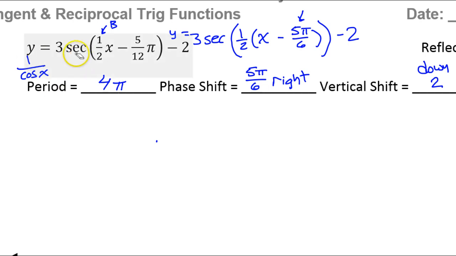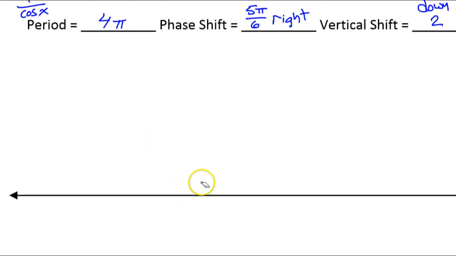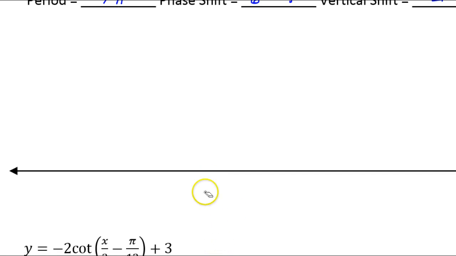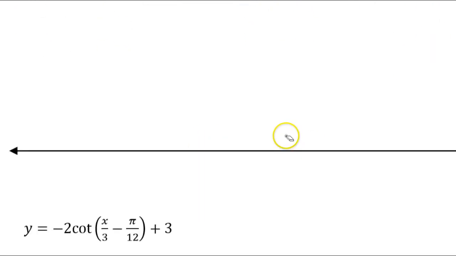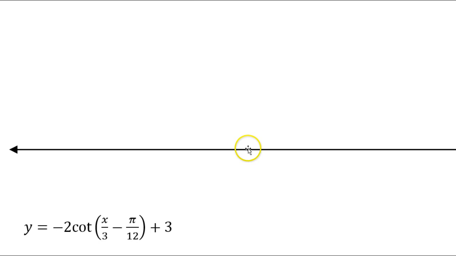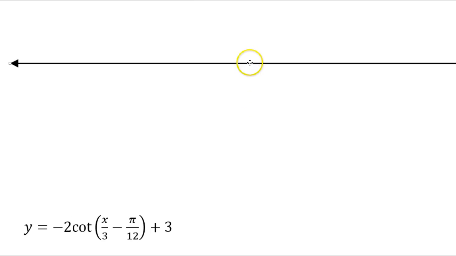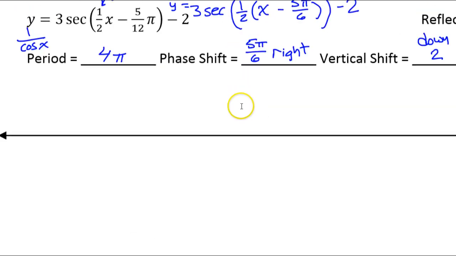Because secant is the reciprocal of the cosine function, the first thing I'm going to do is graph my cosine function very gently and lightly. This is down 2, so I'm going to move this line a little bit because I need to leave myself space.